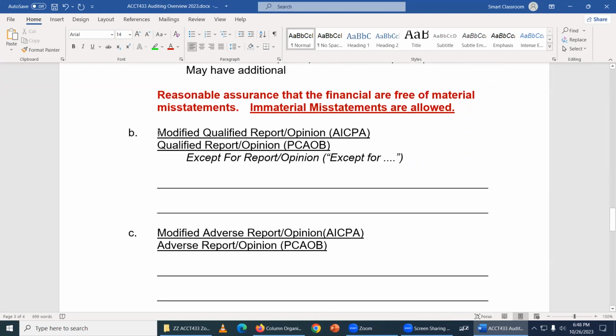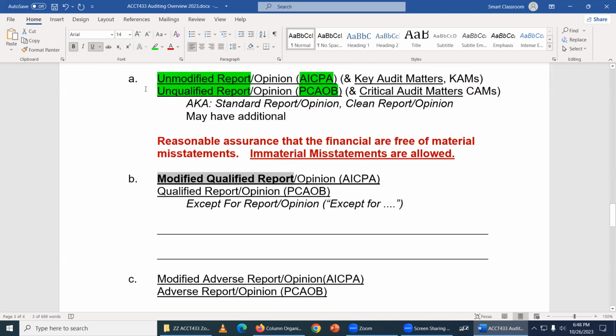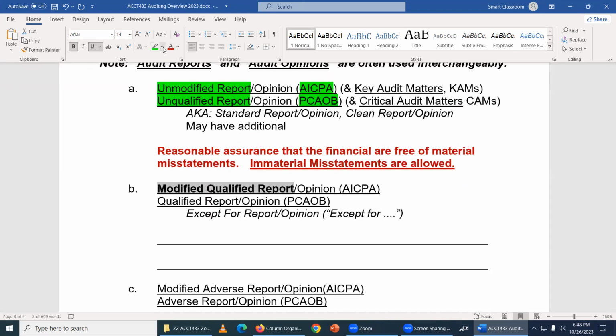Okay, modified opinions. These are the bad ones. So, modified qualified report. For the PCAOB, they generally just call it the qualified report.